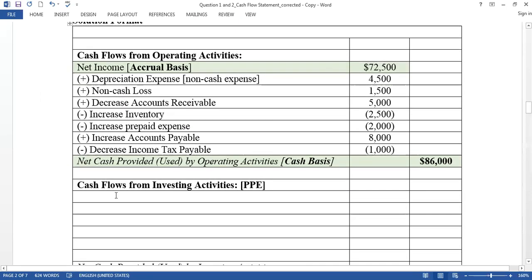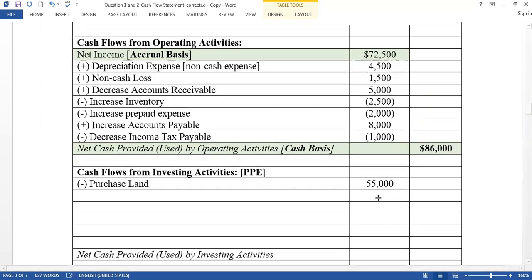So if any student thinks that when we buy land we usually pay cash, and writes it like this, it is your mistake.